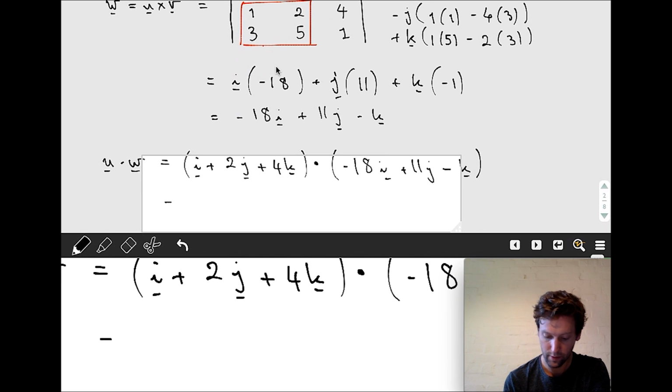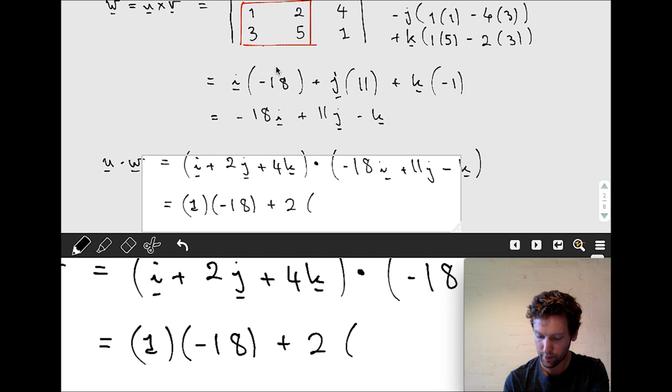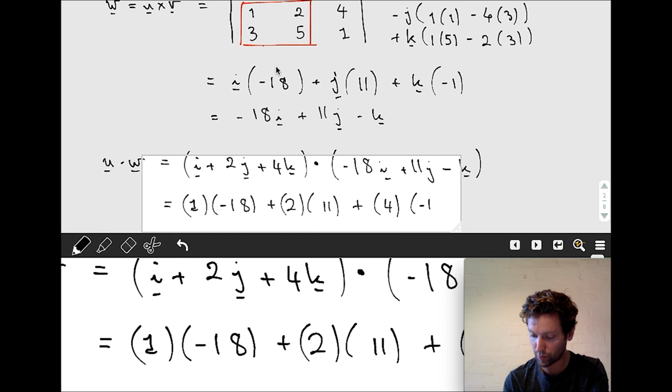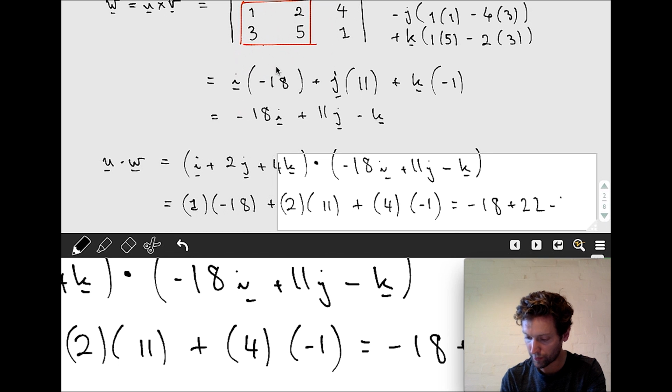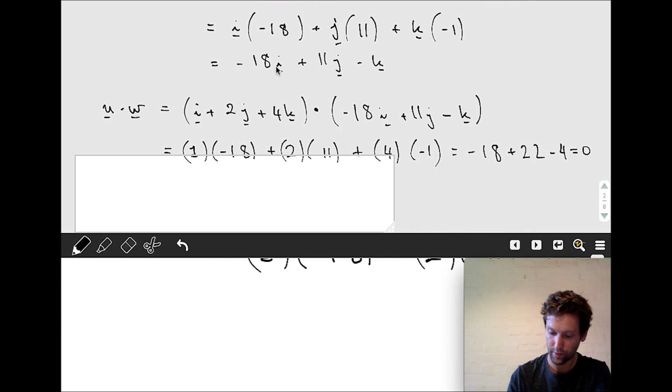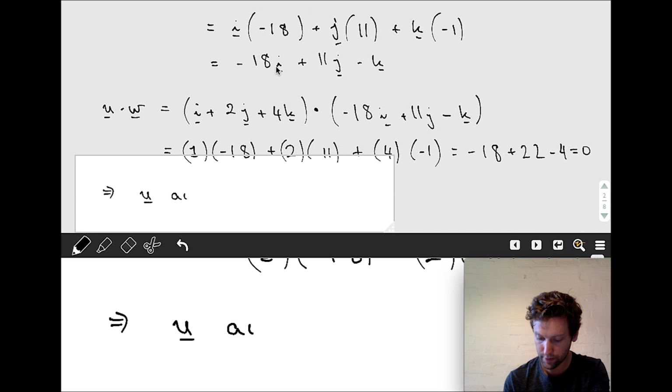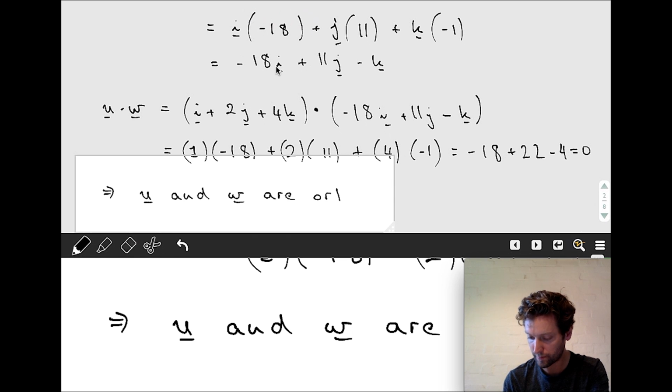So multiplying together the corresponding components gives me 1 times minus 18 plus 2 times 11 plus 4 times minus 1. So that's going to be minus 18 plus 22 minus 4, which is equal to 0. So that implies that u and w are orthogonal.